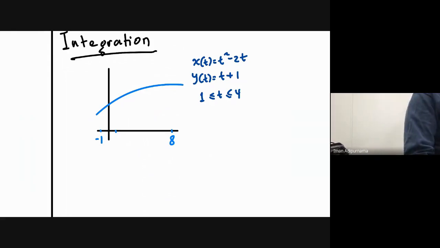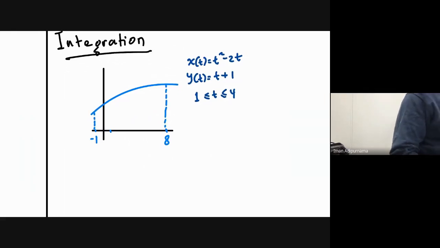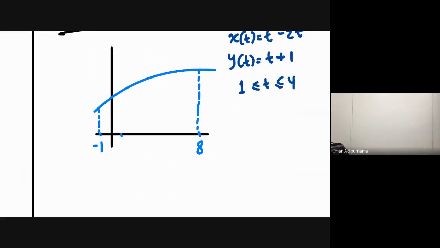Okay, let me mark up the -1 and 8. This -1 and 8 is from the x when we plug in 1 and 4. We plug in 1 and 4 and we get -1 and 8.